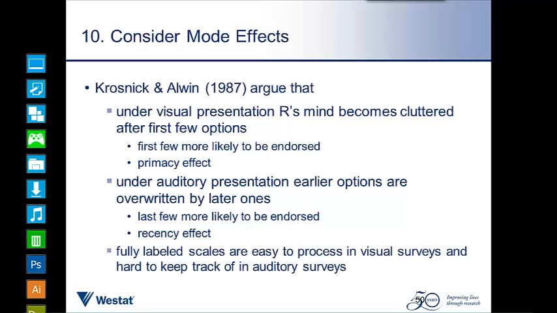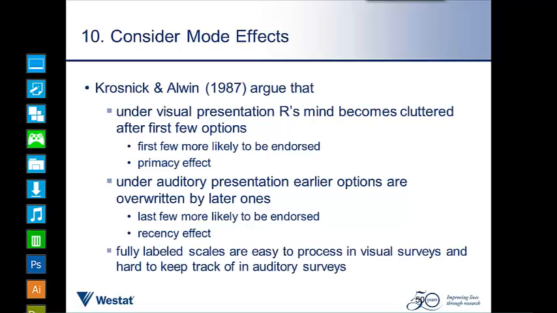Again, getting at this primacy effect, the satisficing effect. The first things on the list are more likely to be selected than later things on the list. And the opposite, like I was saying, under the auditory, like a telephone survey, the earlier options tend to be overwritten by the later options. The last few things that they hear are more likely to be the ones selected than the earlier things.